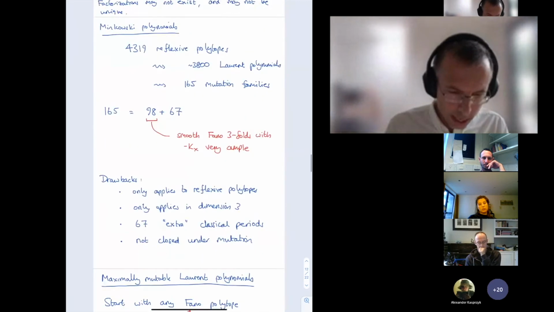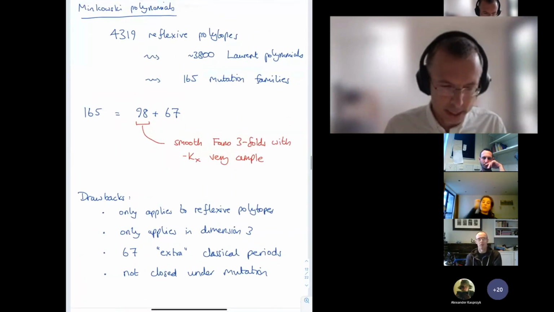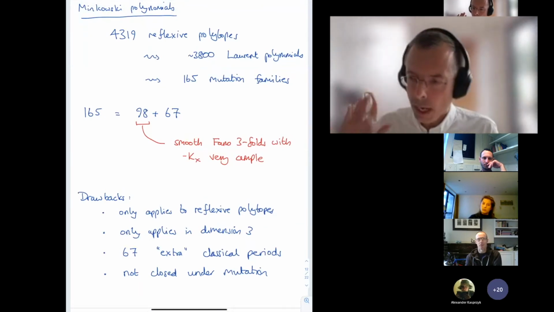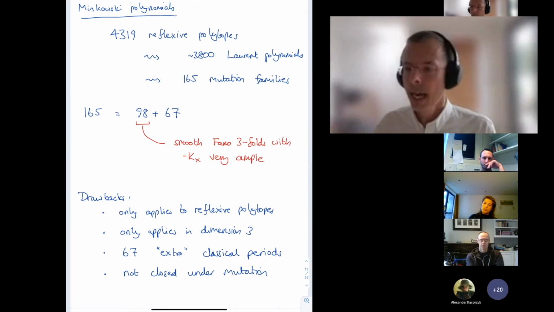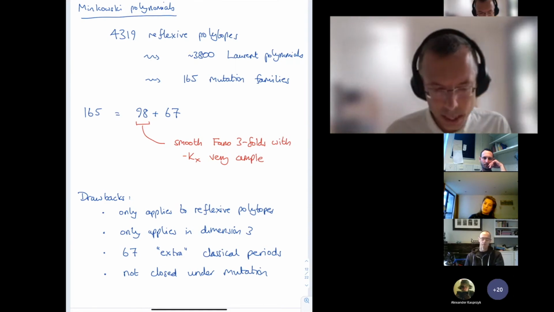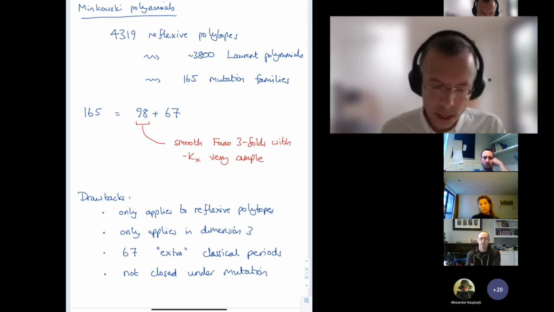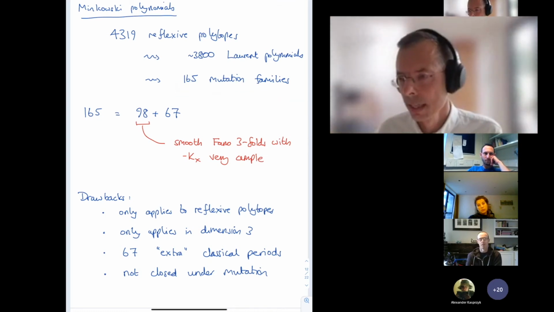So the recipe with Minkowski polynomials says, look at all the facets, work out the Minkowski factorizations, work out what could go on each facet, and assemble them in all possible ways. That gives around 3,800 Laurent polynomials, which fall into 165 mutation families.